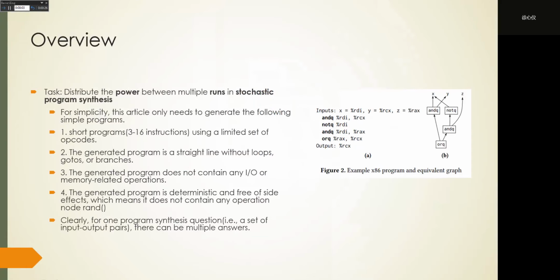In this paper, to analyze the distribution of running time and the plateaus generated in the running time in program synthesis, the article only focuses on really simple programs.